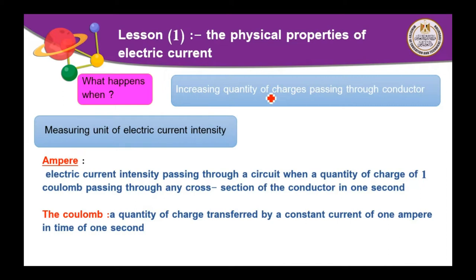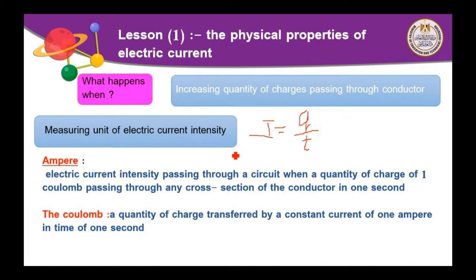We know the law: I equal Q over T. Electric current intensity can be measured by ampere, and ampere can be defined by the physical quantity which it is used to measure.